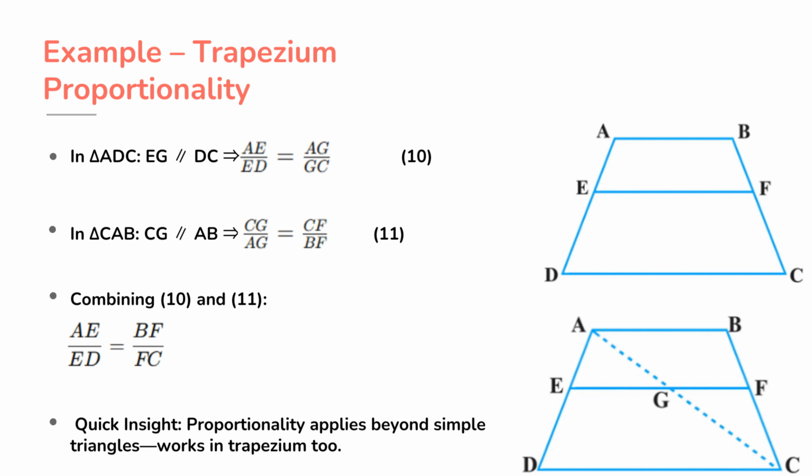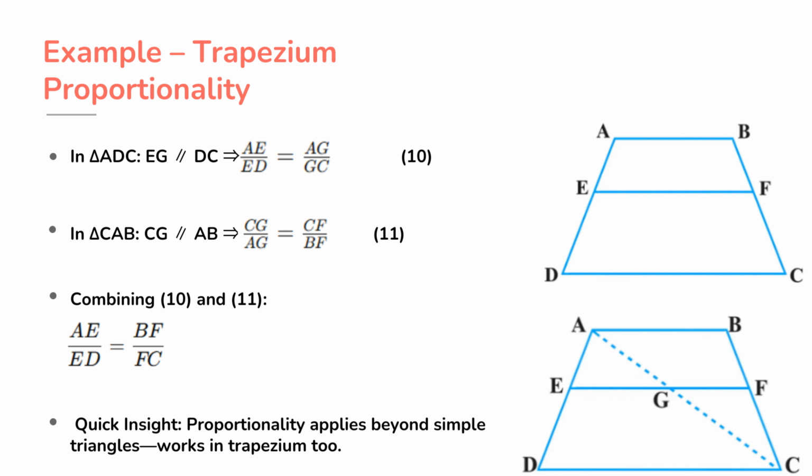Finally, by combining equations 10 and 11, we eliminate the common ratio and conclude that side AE divided by side ED equals side BF divided by side FC. This is our required result, equation 12.